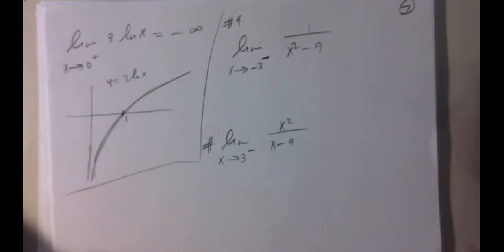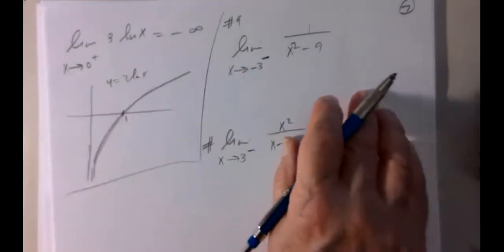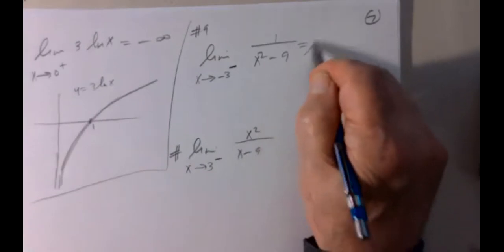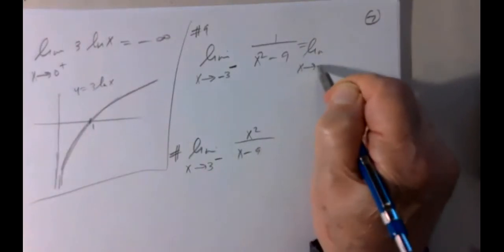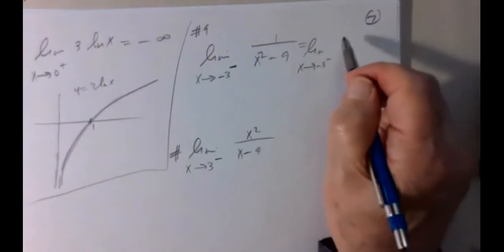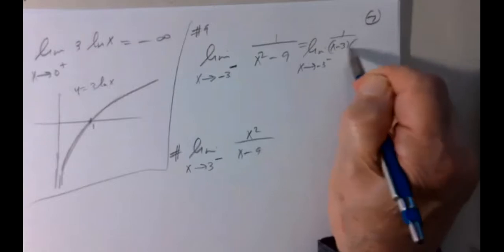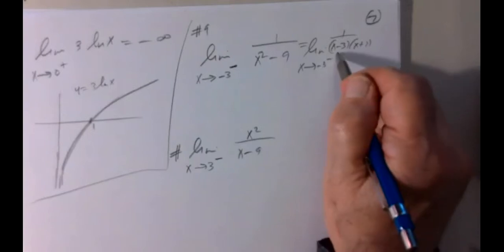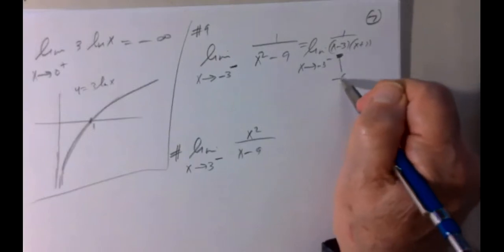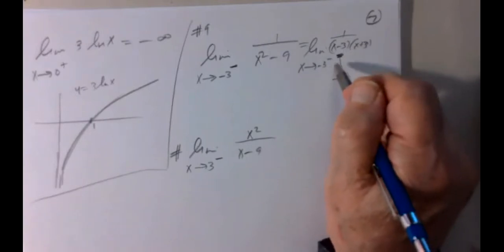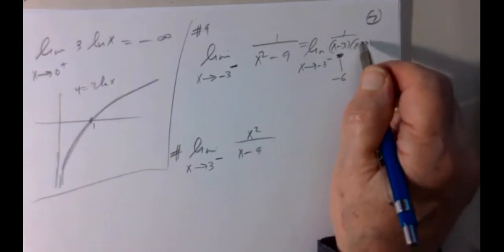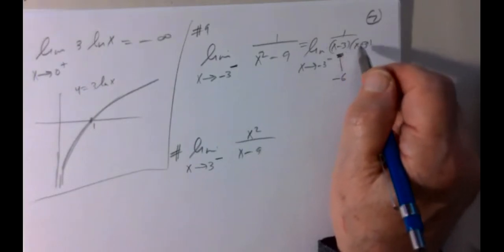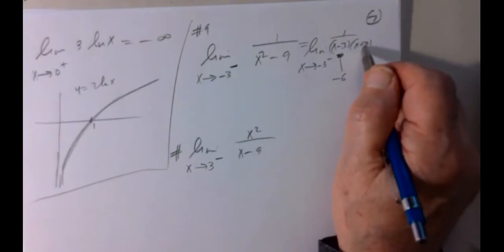All right, well, so what are these limits? This is the limit as x approaches minus 3 of 1 over (x minus 3)(x plus 3). As x approaches negative 3, x minus 3 is going to minus 6. If x is less than negative 3, x plus 3 is going to be negative also.